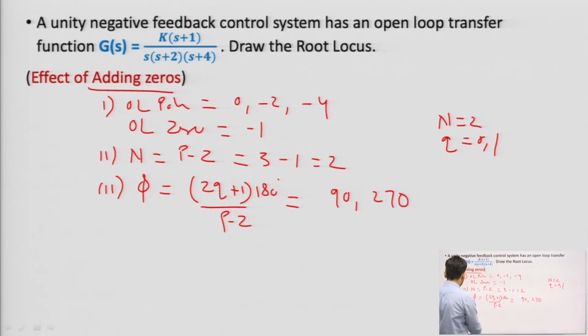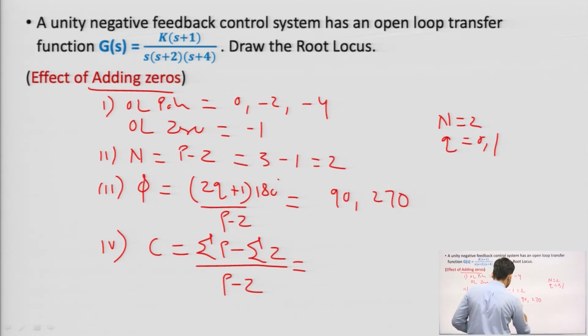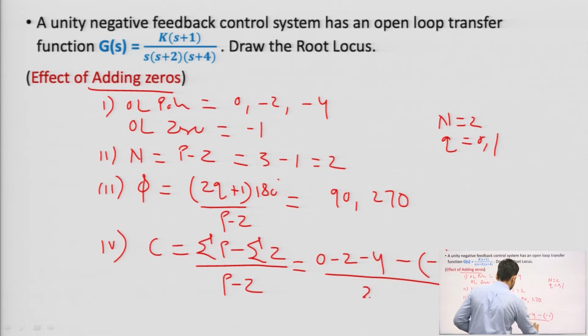Now we need to calculate the valid region on the root locus. We will draw it on the next page. Before that, we can calculate the centroid point: summation of p minus summation of z divided by p minus z. The poles are 0, minus 2, minus 4, this is the summation of p, minus the 0, which is here at s equal to minus 1, divided by p minus z, which is equal to 2.